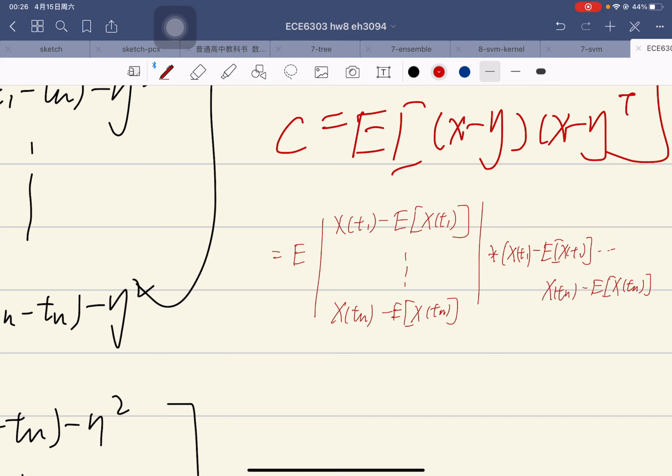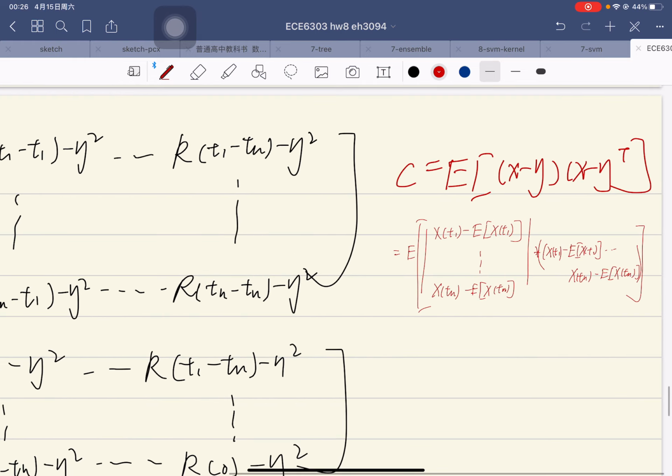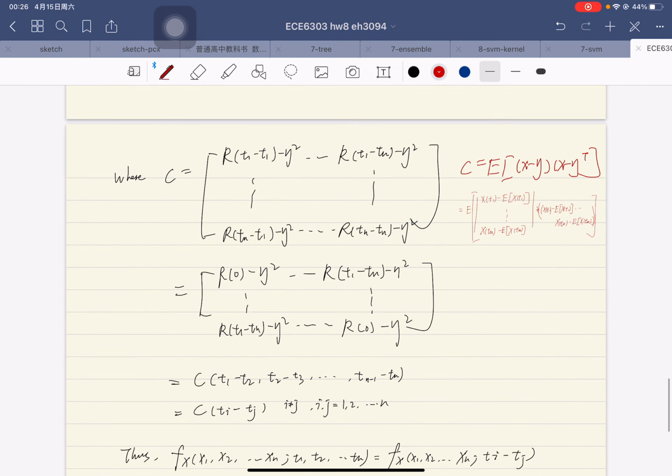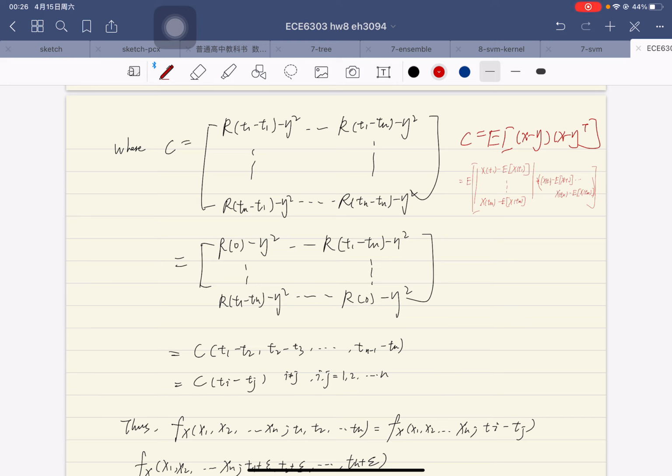Since t1 and tn are equal to each other, we can rewrite it and see the diagonals here. We can rewrite them as R(0) minus eta squared, which we can rewrite as C(t1 minus t2, t1 minus t3, ..., tn minus 1 minus tn), equal to C(ti minus tj) when i is not equal to j.